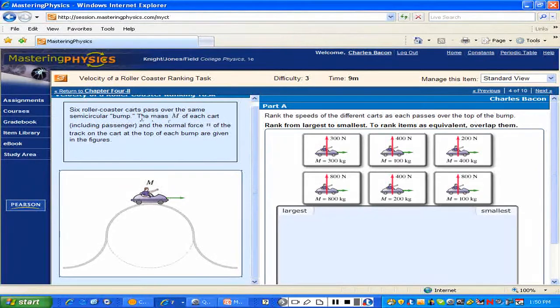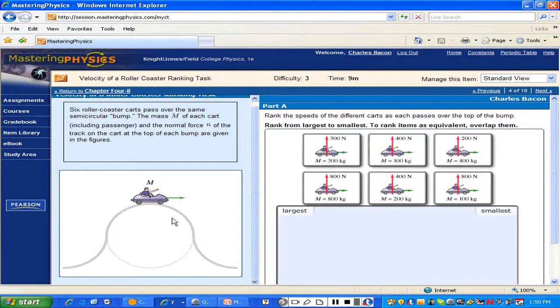The mass of the cart and passenger, the total mass here, is going to be changing. We have 6 different masses listed over here on the right, and there's also a normal force, which is the ground pushing up on the cart, that is different for each of the circumstances.